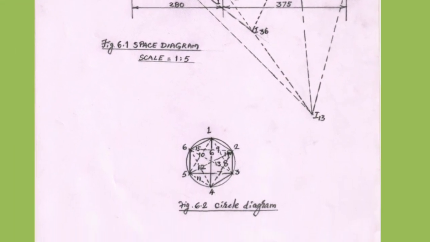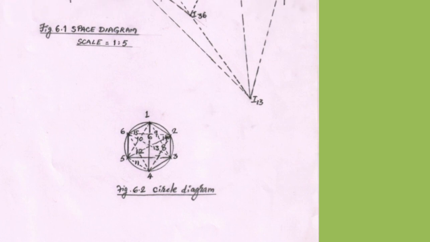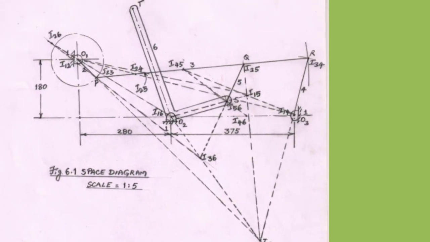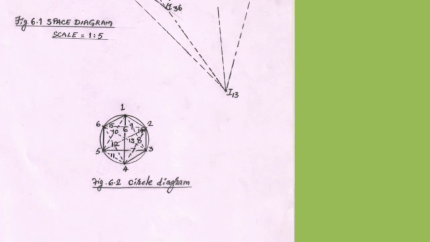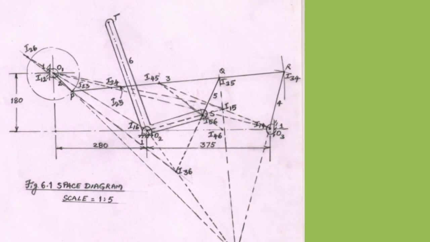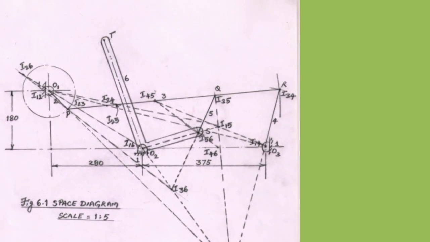What did you do? Join 1, 2 and 1, 4, I told you. 1, 2 is at O1 point. 1, 4 is at O3 point. So I have drawn a dotted line from I12 to I14. Is it okay? Next, one more triangle we have to use. 2, 3 and 3, 4, I told you. 2, 3 is at P point. 3, 4 is at R point. So that line is crossing like this.